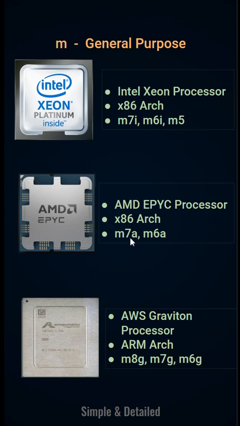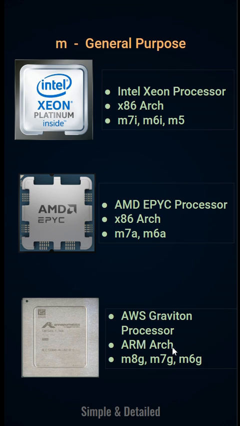And then you have M7A, M6A, where the A denotes an AMD EPYC processor. Again, it is based on x86 architecture. And then you have Amazon's own type of processor, the AWS Graviton processor. So the G in the instance type denotes an AWS Graviton processor.